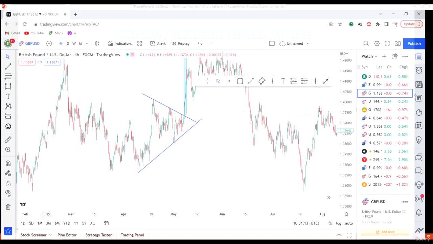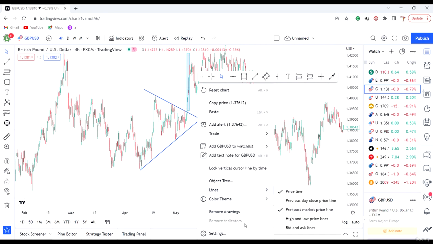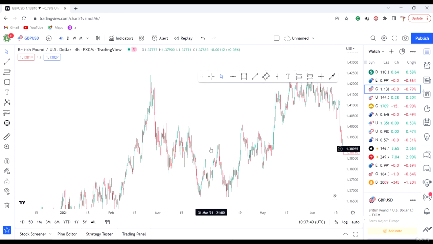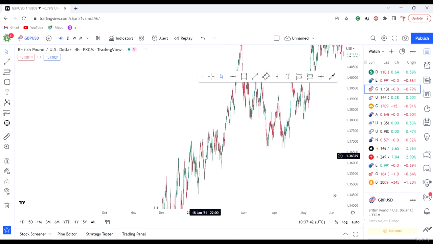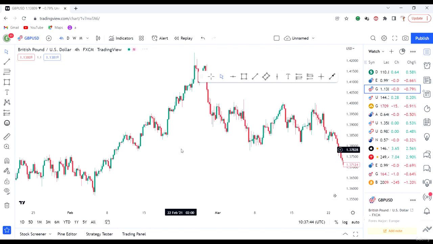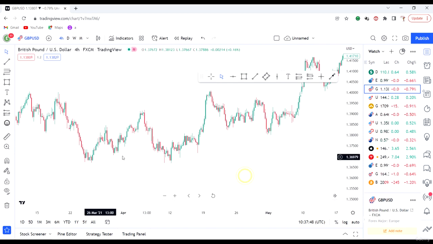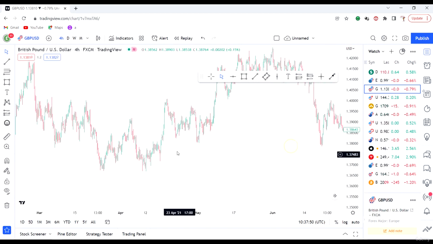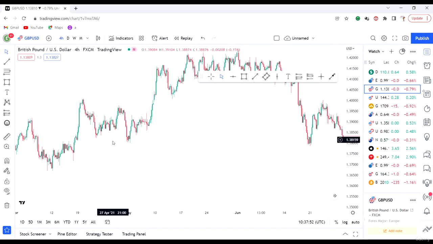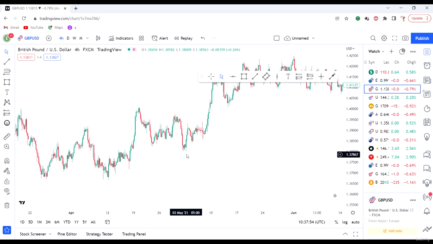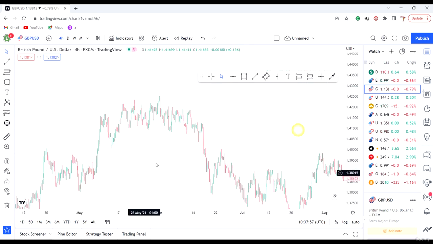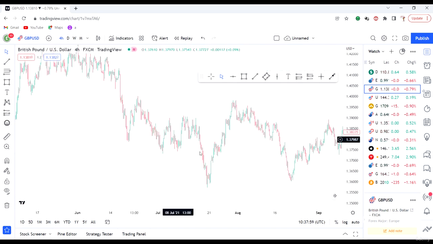Let's check if we can see some examples here. Do we have any examples of ascending and descending triangles here? I'm not sure we have here.